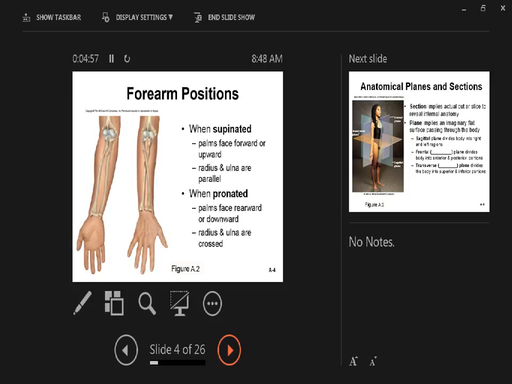Some of y'all put dorsum and I marked it wrong, because dorsum is the top of the foot. Okay, the entire foot itself is called pedal. A few of you did put it, but with the hand, I can't believe, there must have been a typographical error. Because the back of the hand is called the dorsum. Page 34. See, who's read Atlas A?